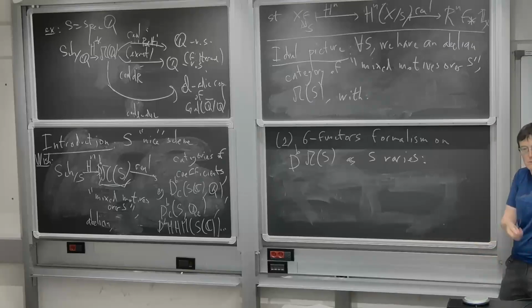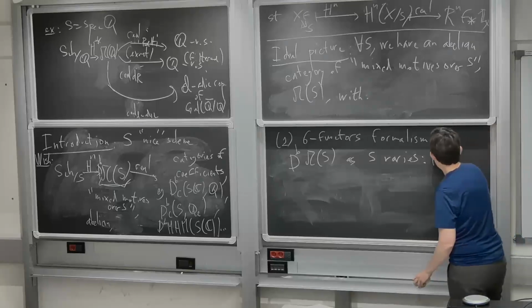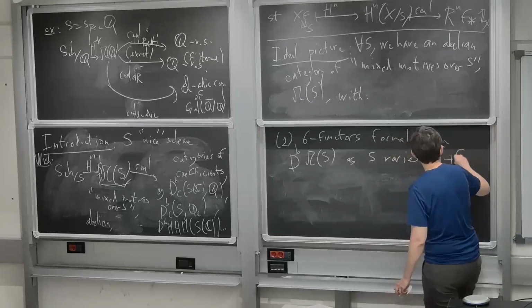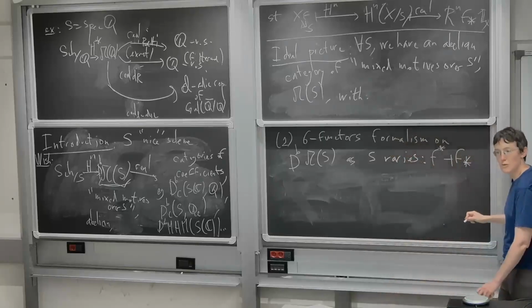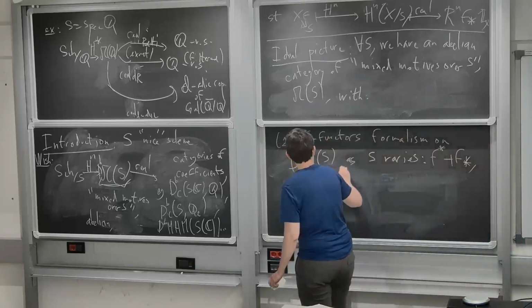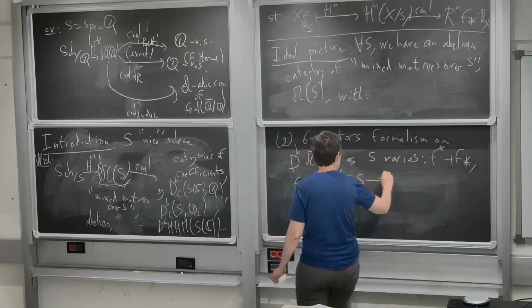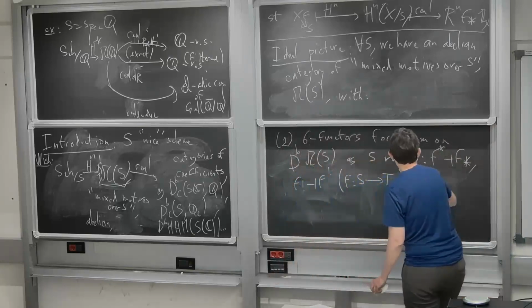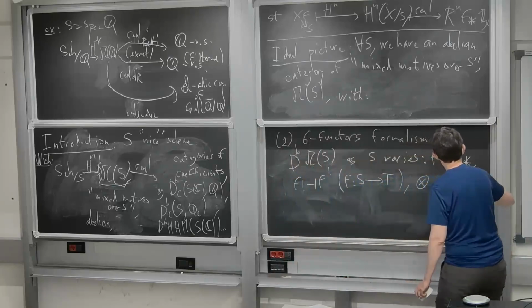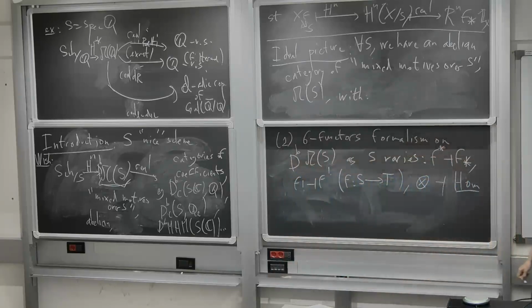It means if you have a morphism of schemes, you should have these pairs of adjoint functors, f upper star, f lower star, then f lower shriek, f upper shriek. So this is for f a morphism. And then you should have tensor product, which is left adjoint to the internal Hom. And then a bunch of compatibilities.